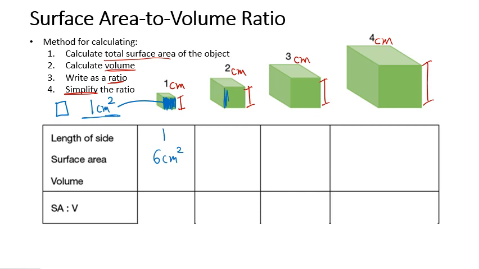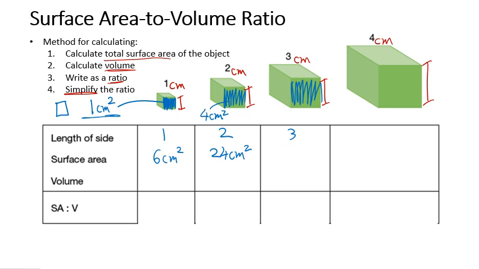For the second cube, one face is 4 square centimeters. Multiply it by 6, so we have 24 square centimeters as the total surface area. The third cube has a side length of 3. One face's area is 3 times 3, which is 9.